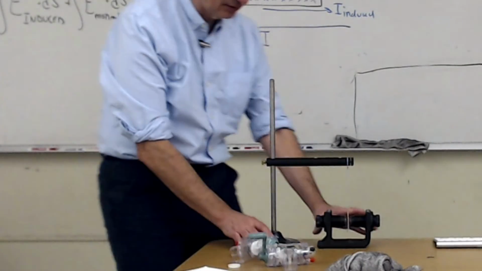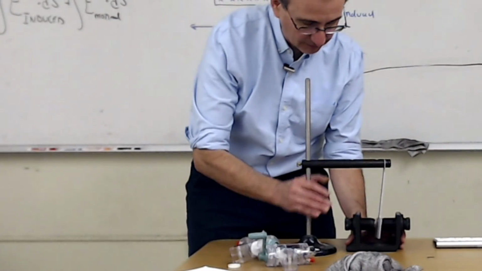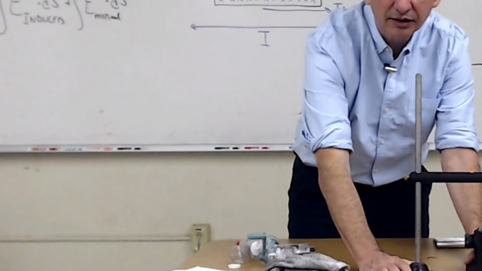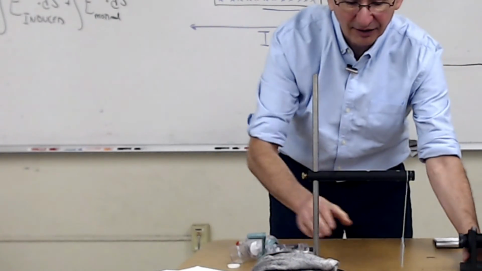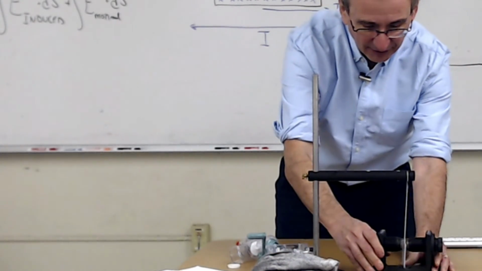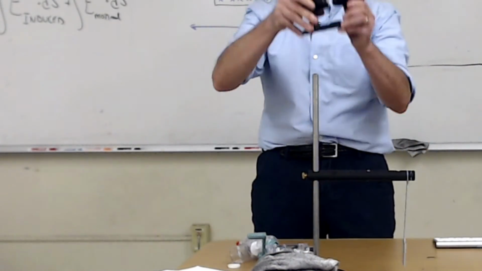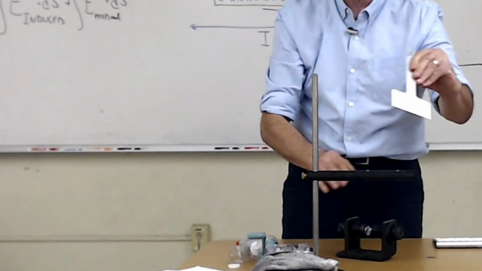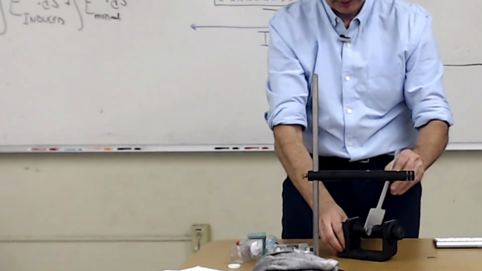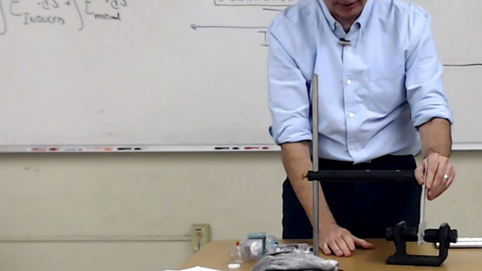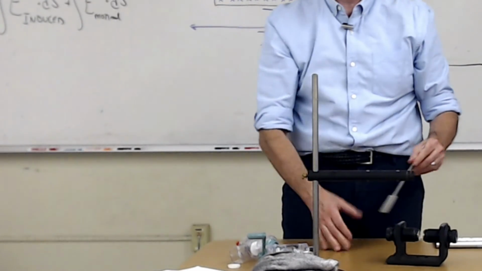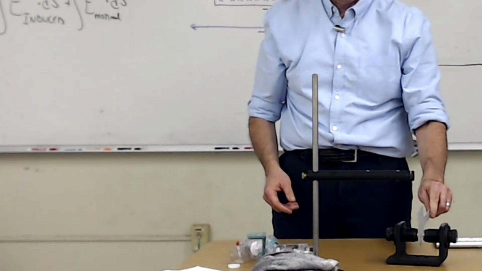I hope you can see it. Can't see it right now. I have a magnet, okay, and this is an aluminum plate. And then put it in between the poles of the magnet. You can see that they're not attracted, okay?